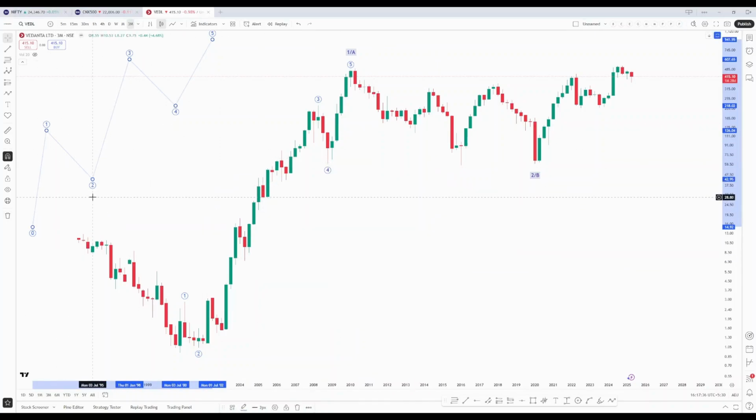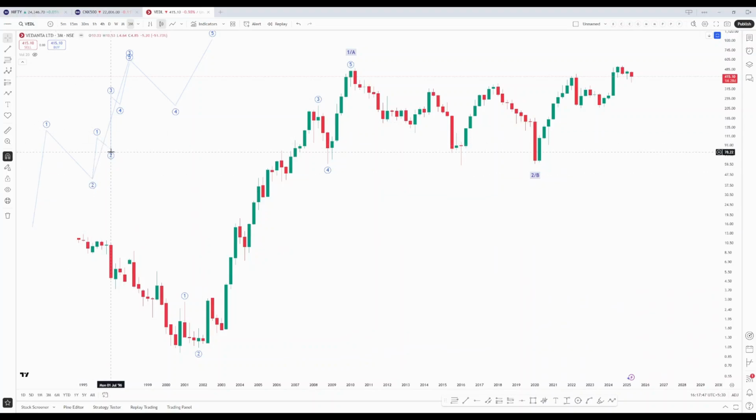Now when we say that waves work in a fractal fashion, waves can have waves within them, right? So now if I count this, this becomes 1, 2, 3, 4, 5, 6, 7, 8 and 9, right? So basically 5 became 9 in this case. And in this particular case, I can count 13. So how does 13 happen? Because even one of these waves could subdivide into another 5.